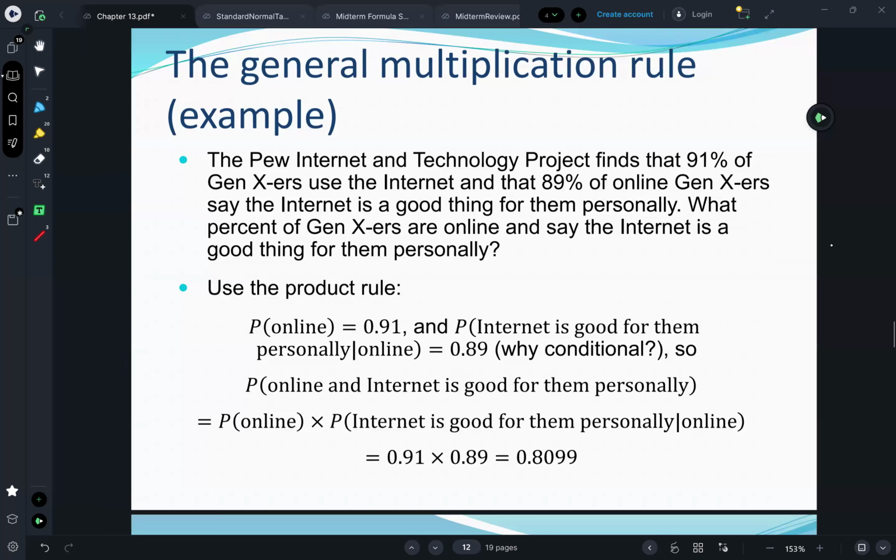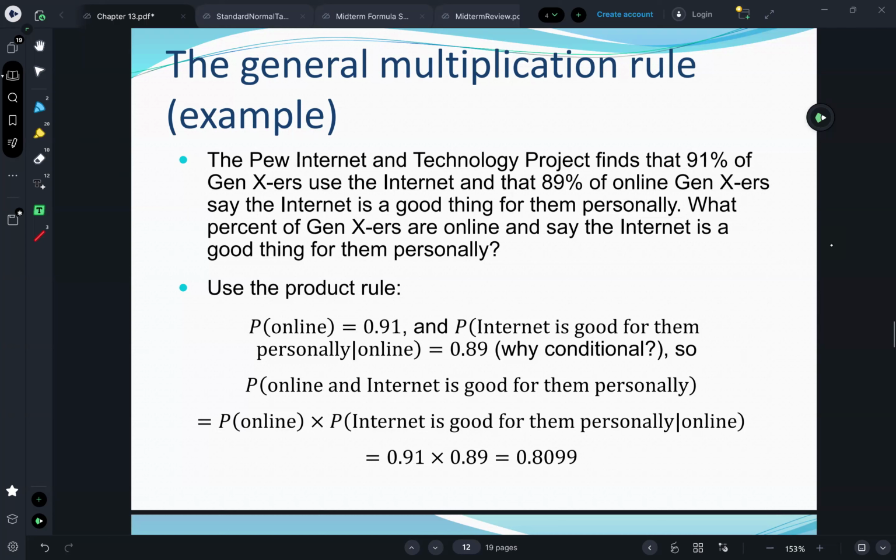Why is it conditional? Because of that 89% of online Gen Xers, that subgroup, we already know that they're online, and then we make it conditional. Then the probability of online and internet is good for them personally is just going to multiply those two values, 0.91 times 0.89, because the formula tells us.